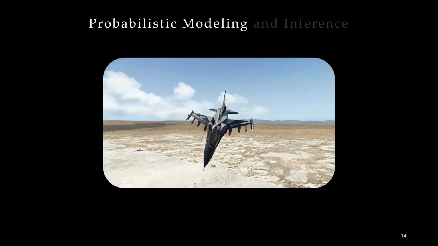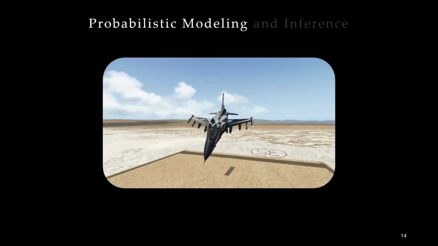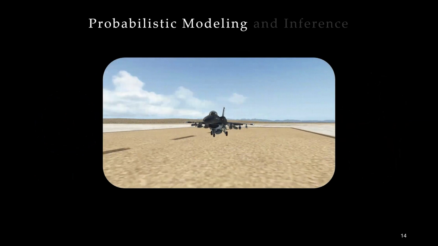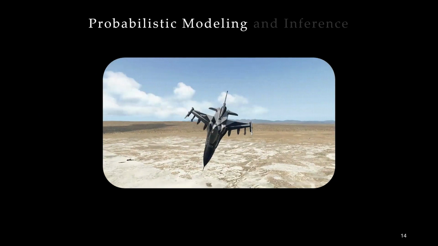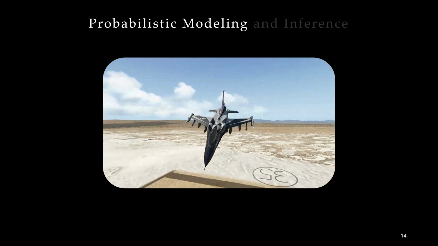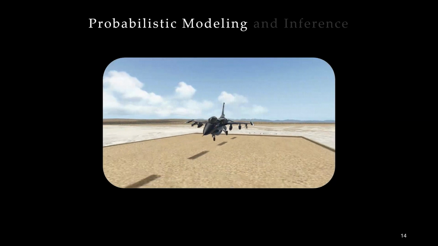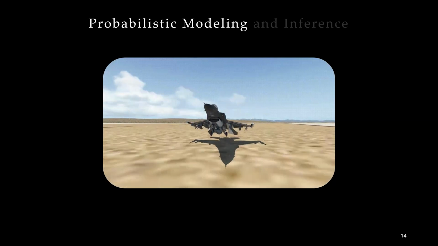So we've been talking about this example of distributions over airplane pictures, but there's all sorts of variables that we might want to learn distributions over. One such set of variables would be aircraft trajectories. So here we have a graphic showing an aircraft ground collision avoidance system, or GCAS.